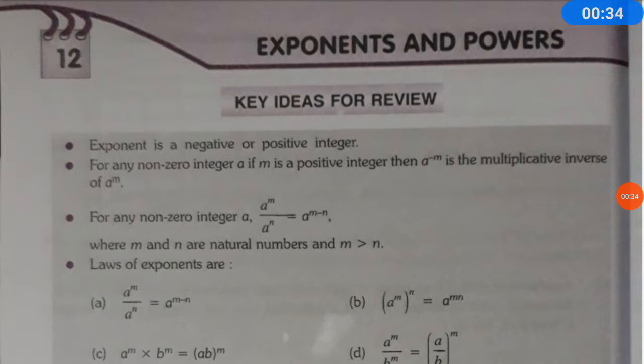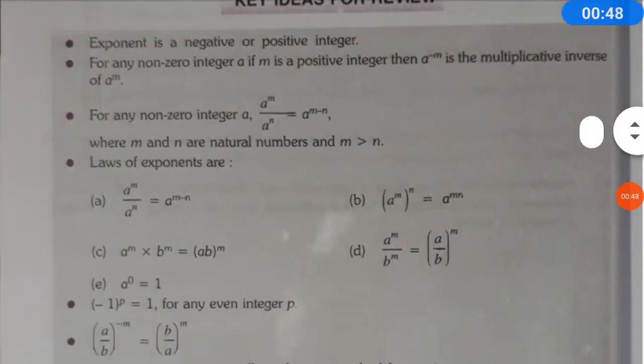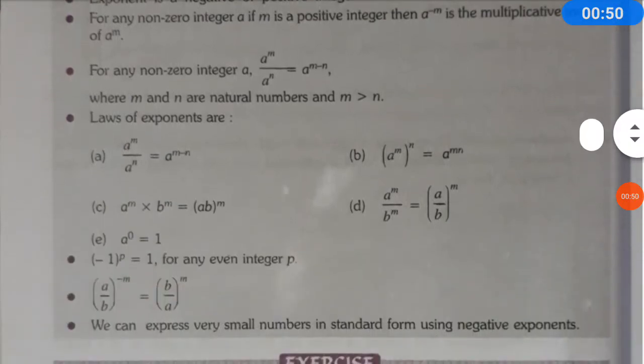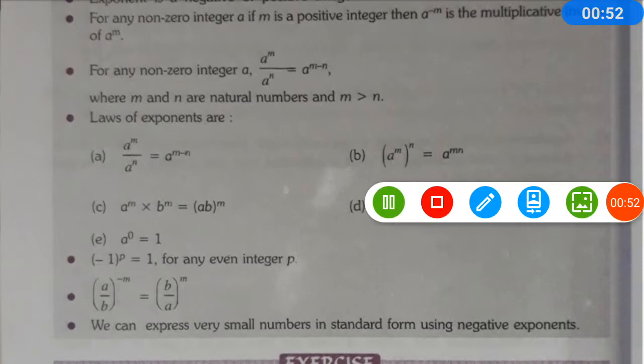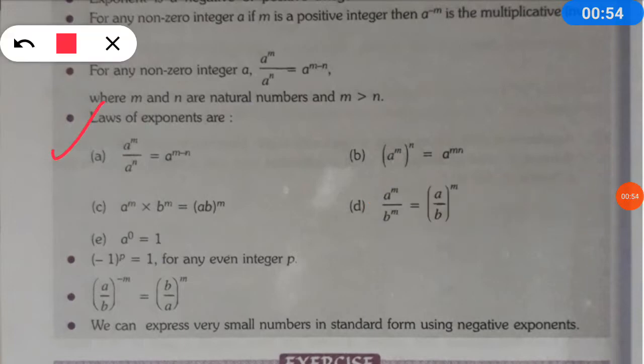We can have some key ideas for the review. While teaching you from the NCERT book, I had already given you the definition of exponent and the laws of exponents, isn't it? Everybody knows how to use the laws of exponents.